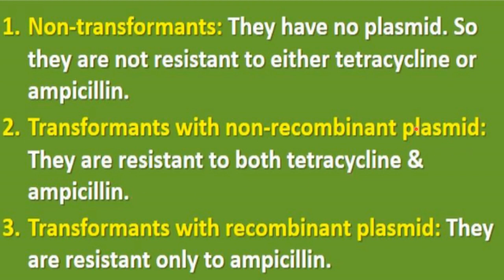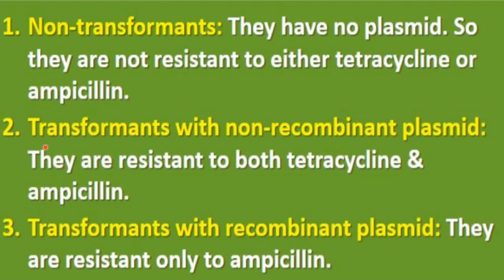So if such a plasmid is introduced into any host cell, in an E. coli cell, then obviously that plasmid will bring that resistance to the cell. So these cells will be resistant to both antibiotics.